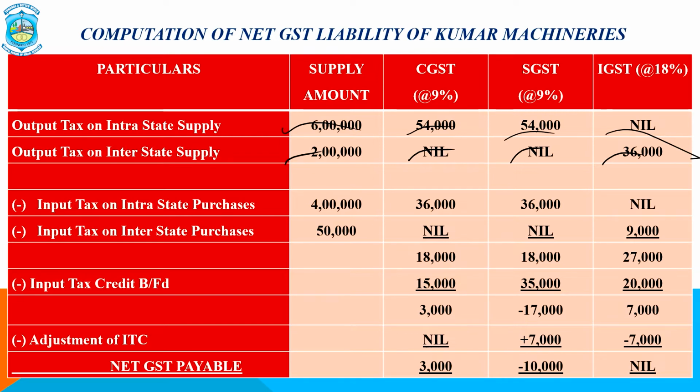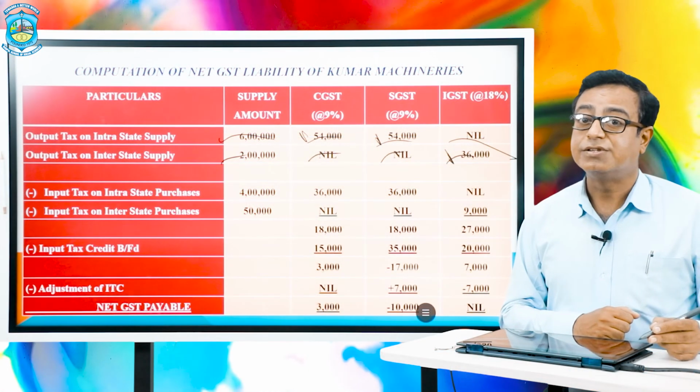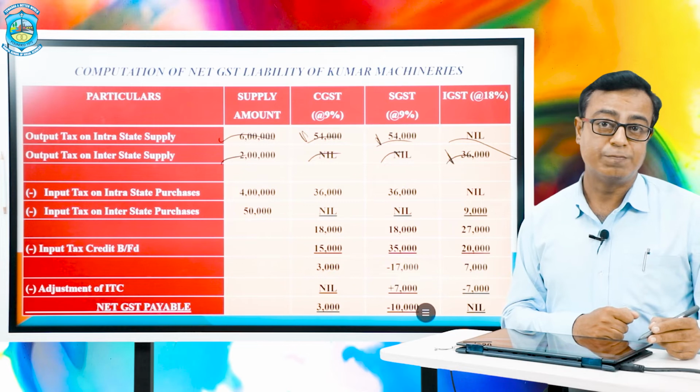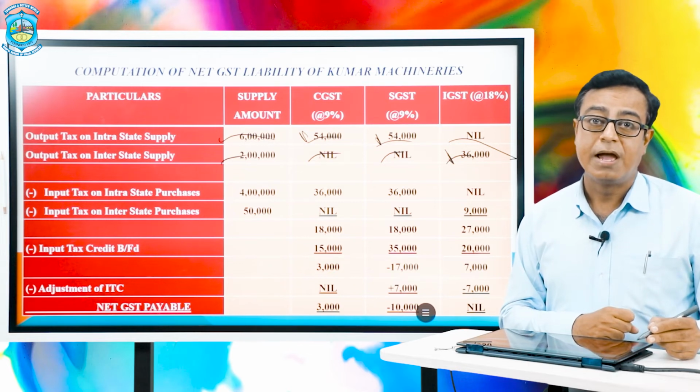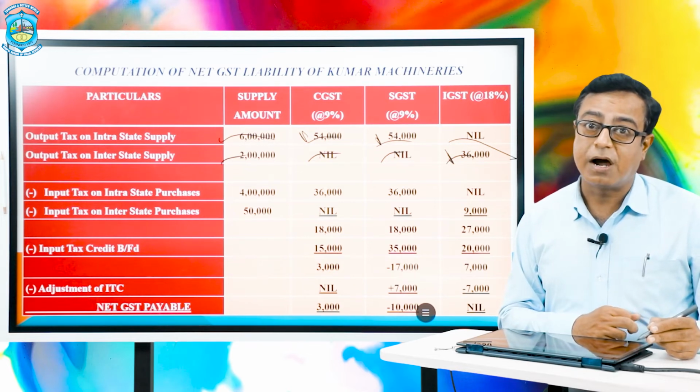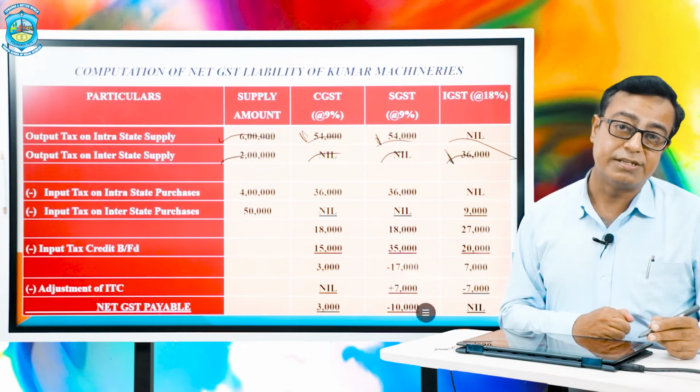So, now we have the total tax liability of this particular dealer related to output: 54,000 CGST, 54,000 SGST, and 36,000 IGST. But it is not the full amount of tax we have to pay. We have to pay the tax to the government after deducting our purchase tax, that is known as input tax.